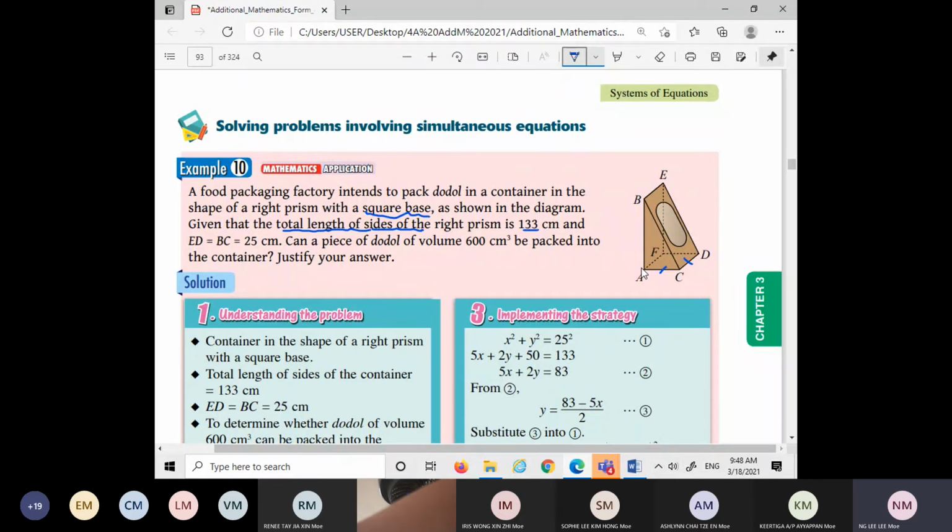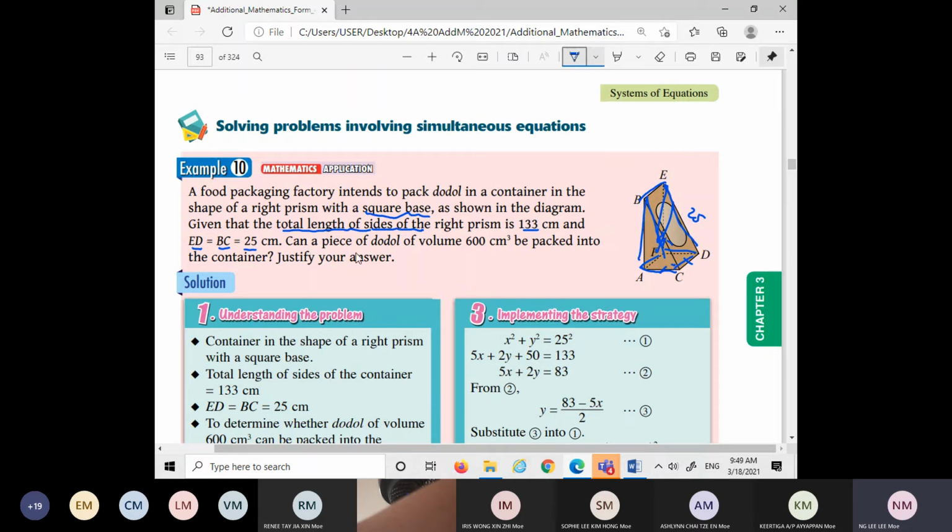It means here AC, BC, here, here, here, all the sides. You add them up, you get 133. And then they give CD, BC is 25. CD here is 25. BC also the same thing, here is 25.